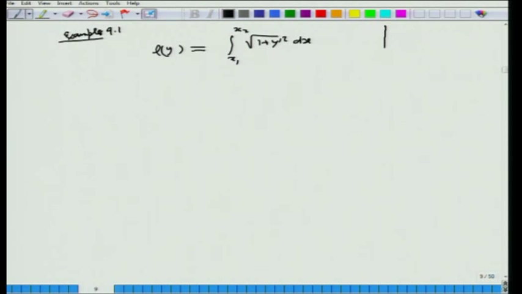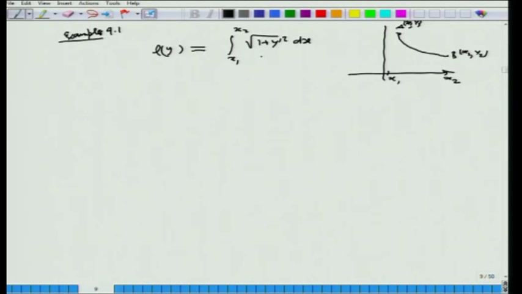Here as before, we have these 2 points A and B, and this is the curve joining these 2 points, and this is x1, this is x2, this point is (x1, y1), and this is (x2, y2), and so this gives you the length of this curve.